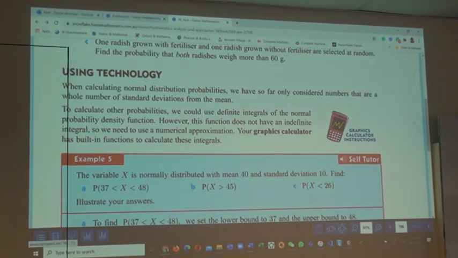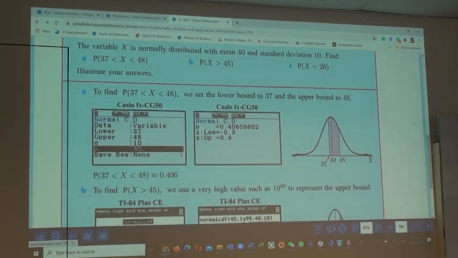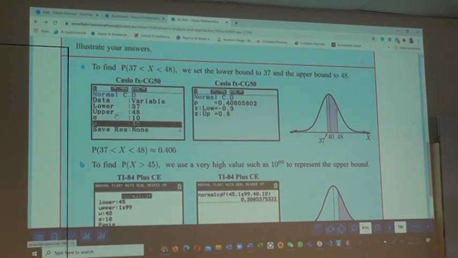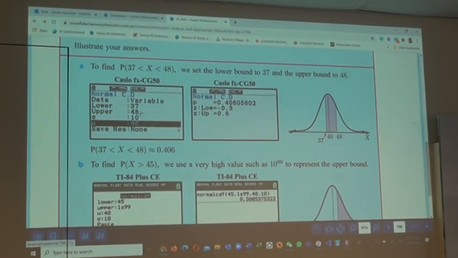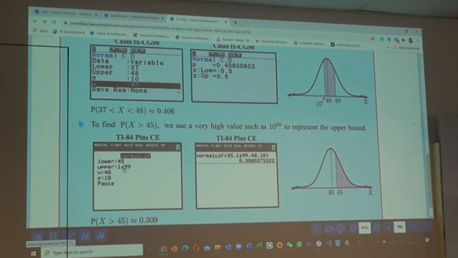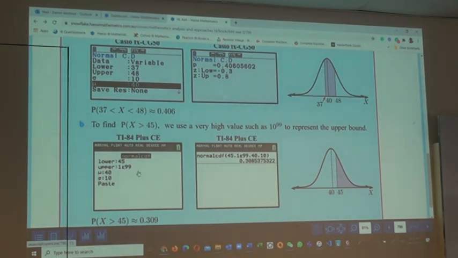I think you have to use the inverse because the tail left is lower. No, use a very big number. Look at this. Use a very big number because it's infinite. Remember, the normal curve is between negative infinity and positive infinity.